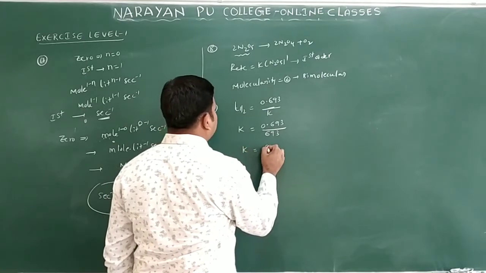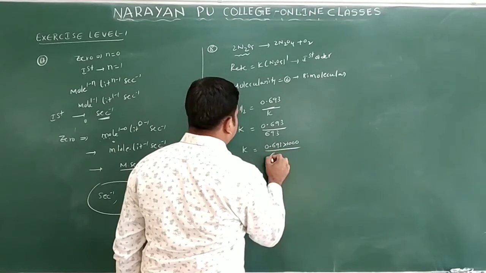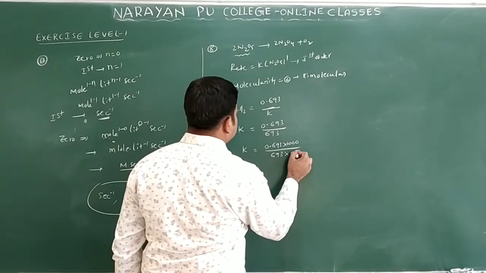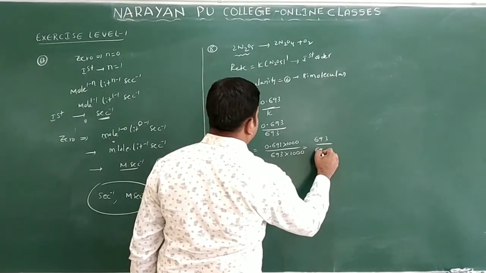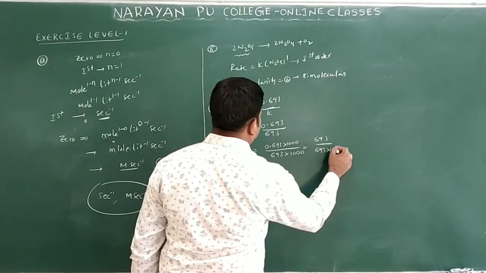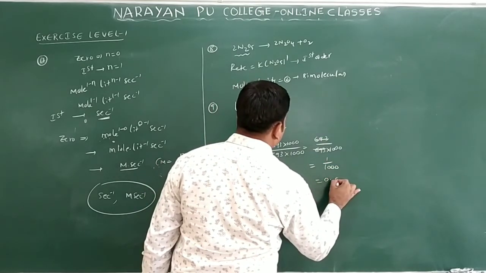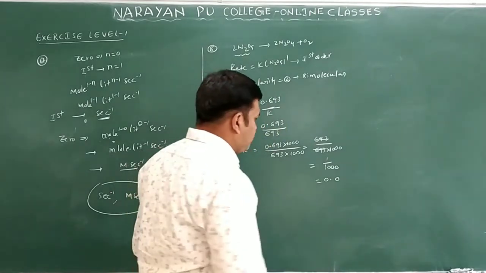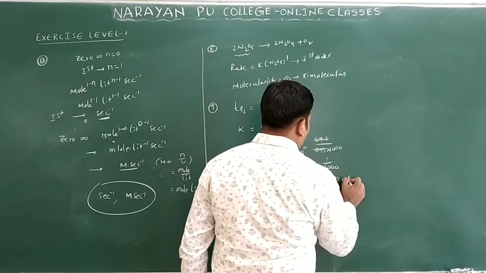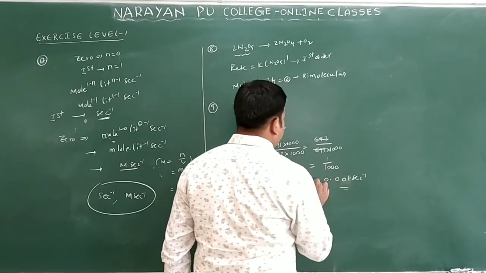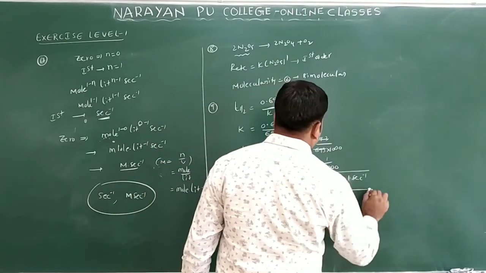So K is equal to 0.693 by 693 into 1000, so 1 by 1000, which is 0.001 second inverse. This is the value of the rate constant of the reaction.